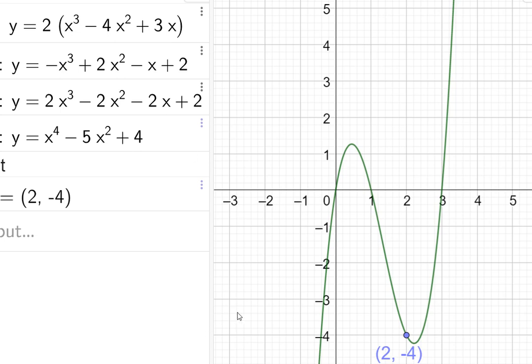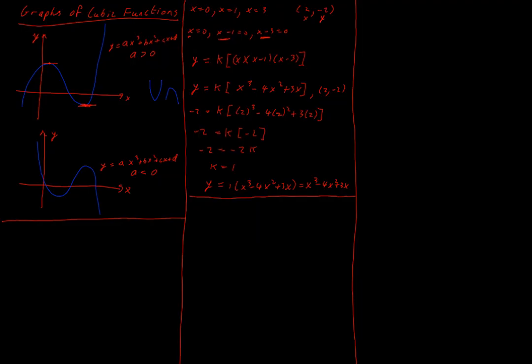So I can now double check my answer. I know my roots are the same. Switching back, I know that I still am going to multiply at the same root, so y would be equal to k multiplied by x cubed minus 4x squared plus 3x.